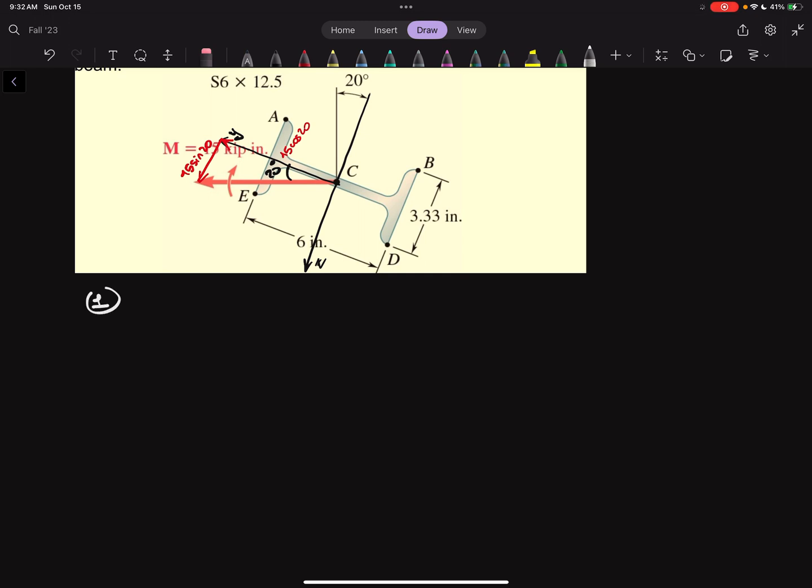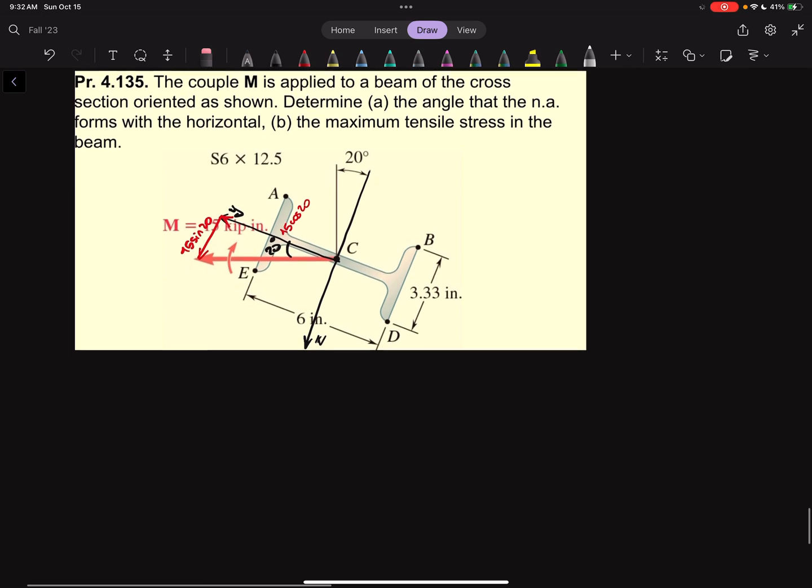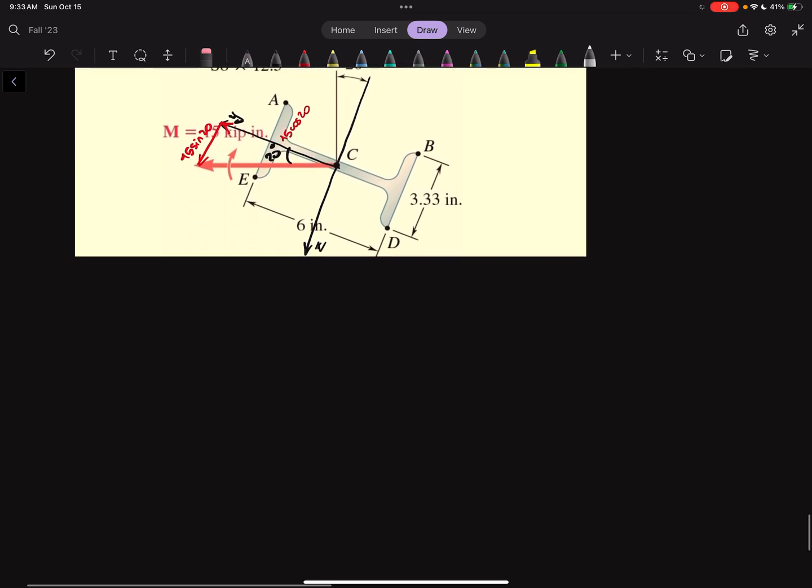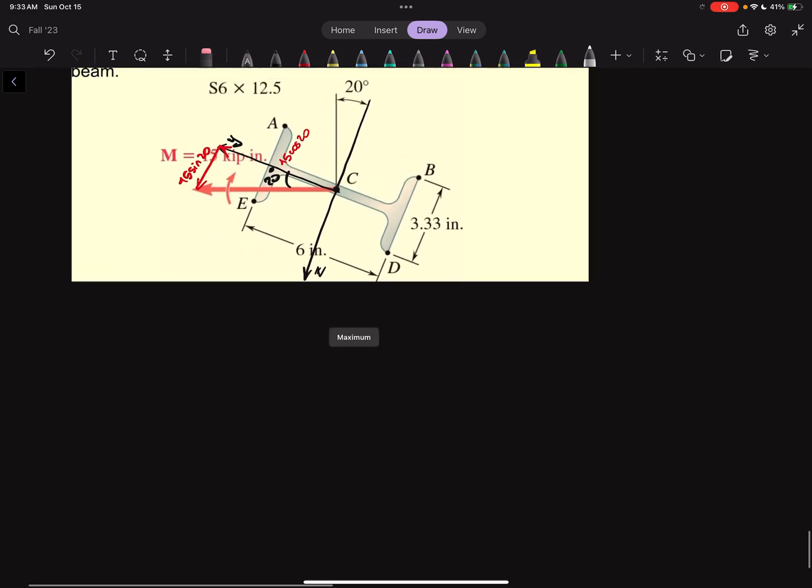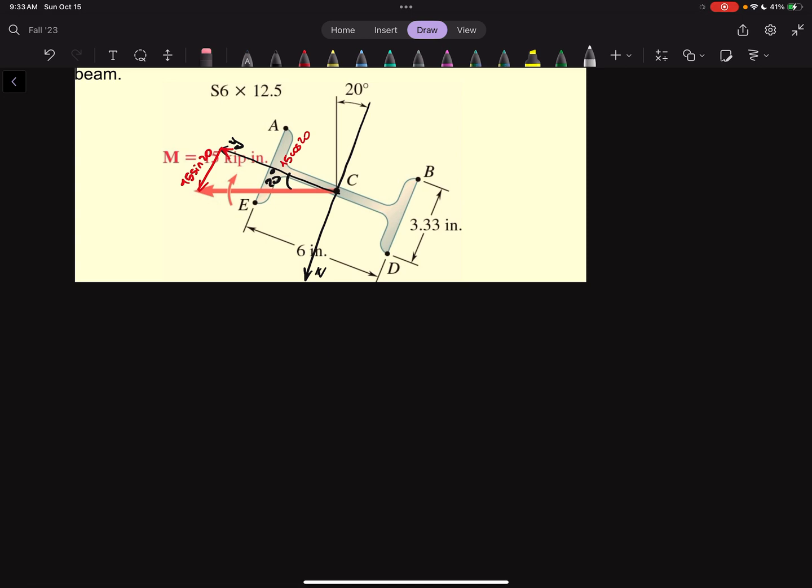The first thing I like to do is realize what we're going to be using to find the maximum. First, to determine the angle that the neutral axis forms with the horizontal, where the horizontal is this moment vector, we can use this formula, tangent of phi, which really comes from the formula for unsymmetric bending by setting the stress equal to 0, because that's what the neutral axis is: where the stress is equal to 0.